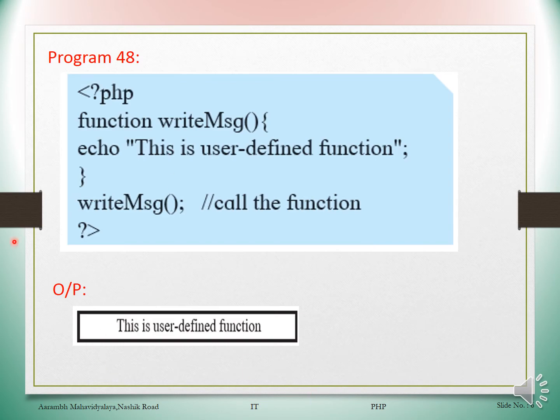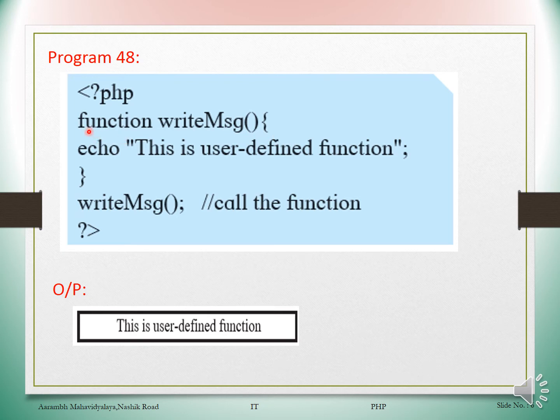Let's see a small program. Here first of all PHP is initialized. Then we have provided the word function to specify that it is a user defined function. When we use a built-in function, at that time we do not provide the word function. We directly call that function.